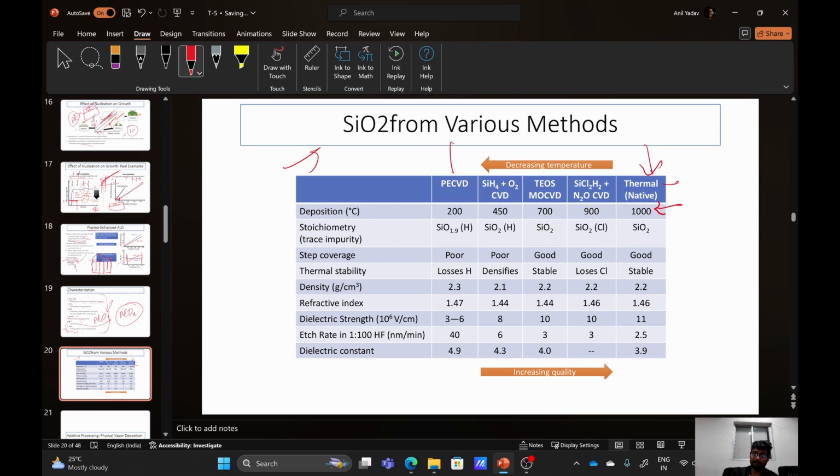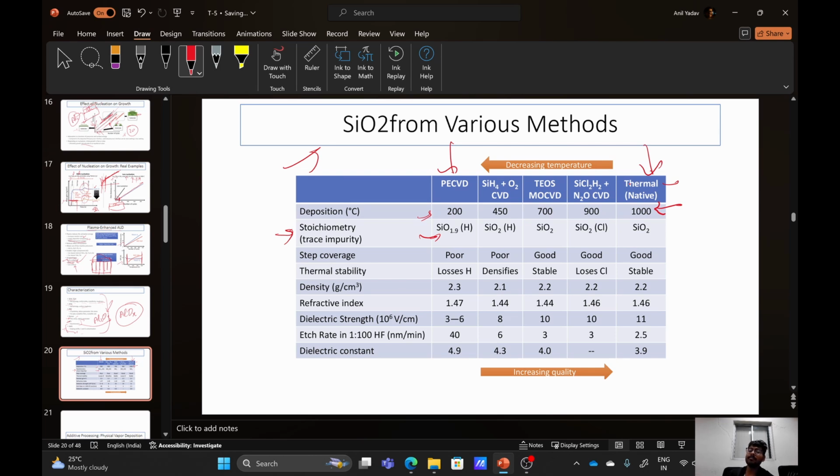In plasma enhanced CVD, the energy input is very low. Okay, but in terms of stoichiometry, this is much less stoichiometric. It is not perfectly SiO2.